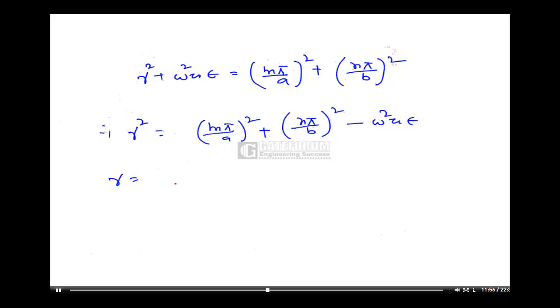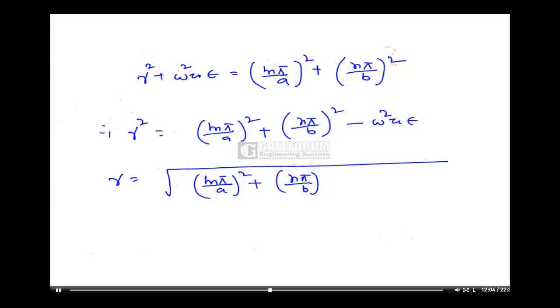Gamma is equal to the square root of that. This is the propagation constant.